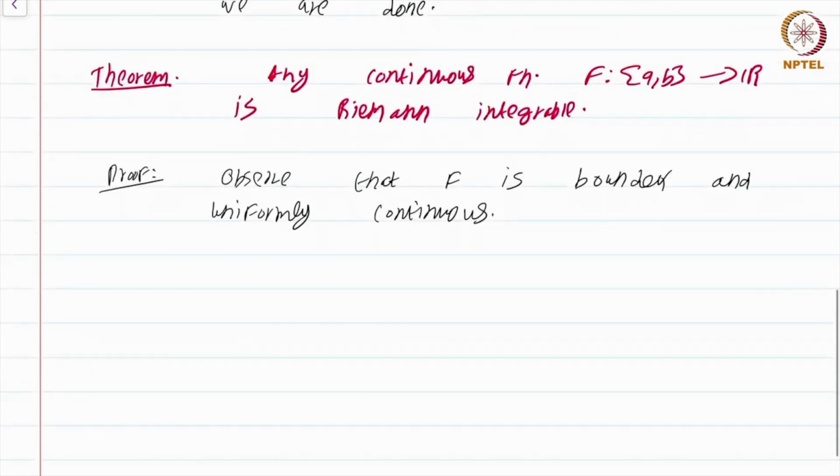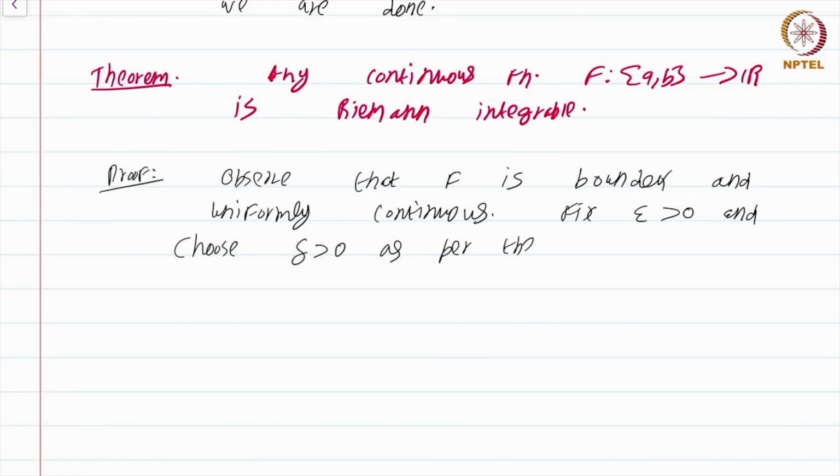Okay, so what we are going to do is produce, for each epsilon, a partition P epsilon such that the previous criterion is satisfied. So fix epsilon greater than 0 and choose delta greater than 0 as per the definition of uniform continuity.